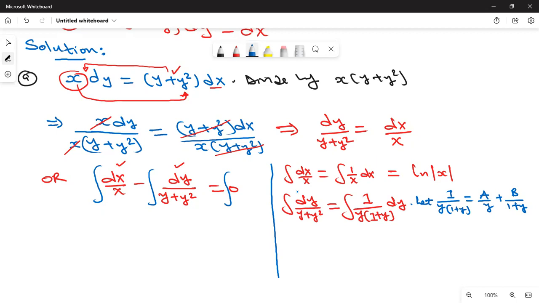Now, if I cross multiply, or simply multiply the whole of this equation by the LCM, which here is y times (1 plus y), you're going to get, on the right-hand side, a times (1 plus y) plus b times y is equal to 1.